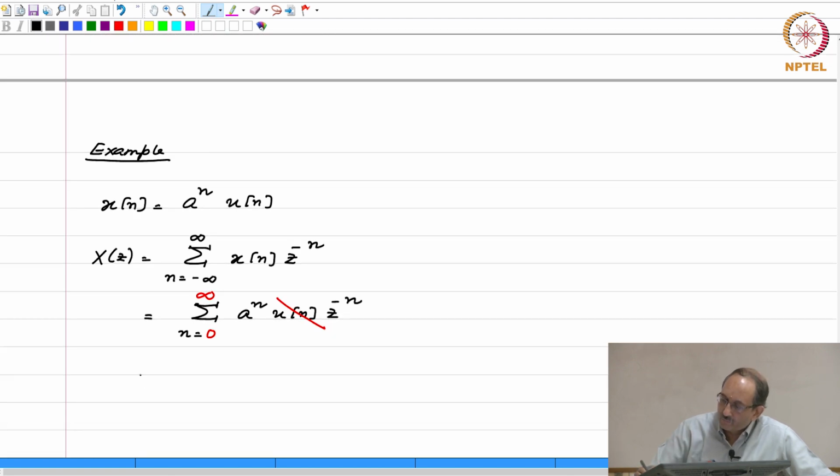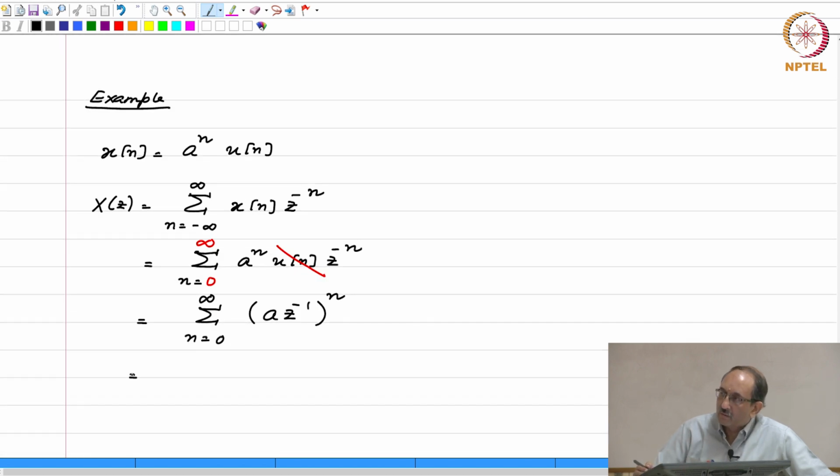And if you simplify this, this is nothing but the sum for n going from 0 to infinity of (a z inverse) to the power n, and this is a simple geometric series, a times r to the n, and the answer is a by 1 minus r.